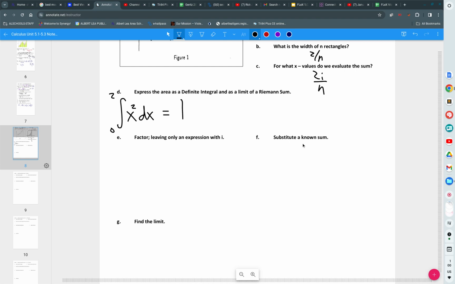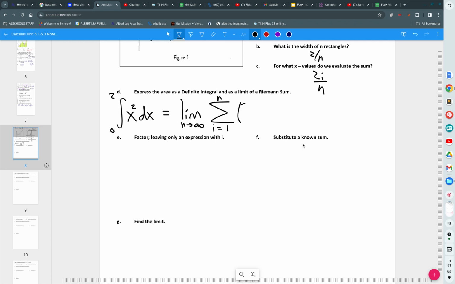Equals the limit as n goes to infinity of, what comes next? Sum from i equals 1 to n of f of x sub i. That means we take our x sub i and we plug it into our function. So our function is x squared. So what thing do we plug in place of x? 2i over n.